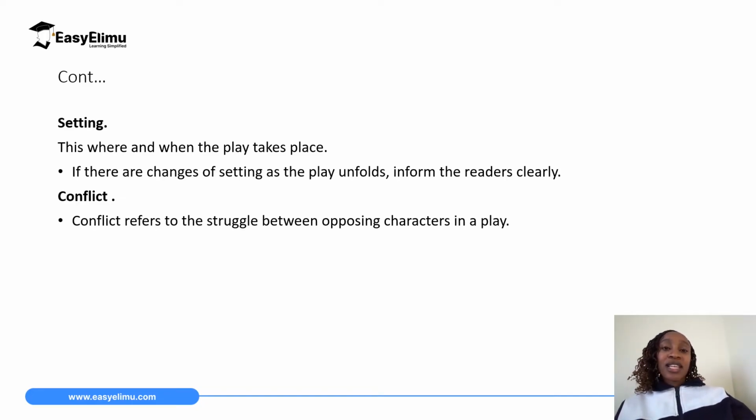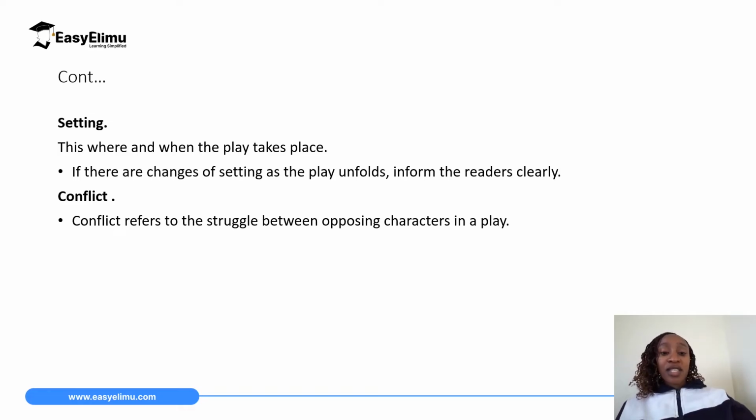You want scene 3 to be back in the office or in a different office in a house. Setting can be different. A play does not need to have only one setting. You can have as many settings as possible, but ensure that you explain that to the reader using what we've called the stage directions. And when we look at a sample of a play, we will see what stage directions are. And then there's what is called conflict.